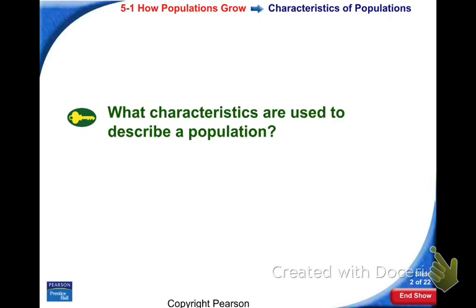So, what characteristics do we use to describe populations? When we're describing a population, first of all, do you know where a population fits in an ecosystem? Remember, ecosystems start with our first level of ecosystems, which are species.